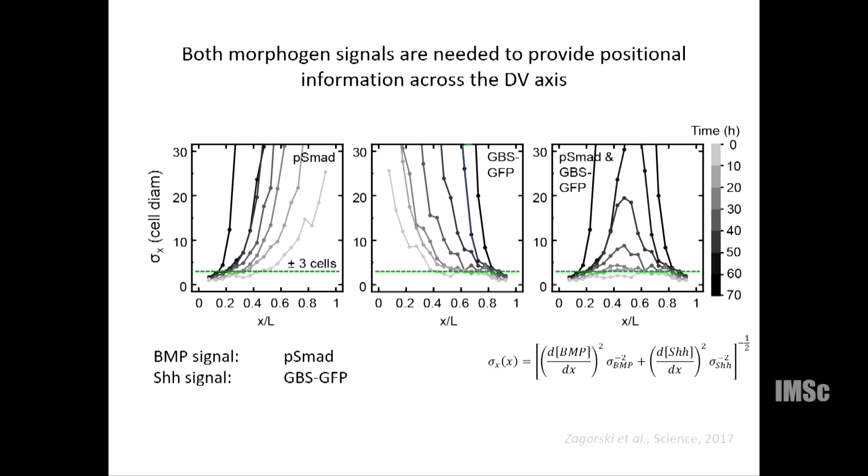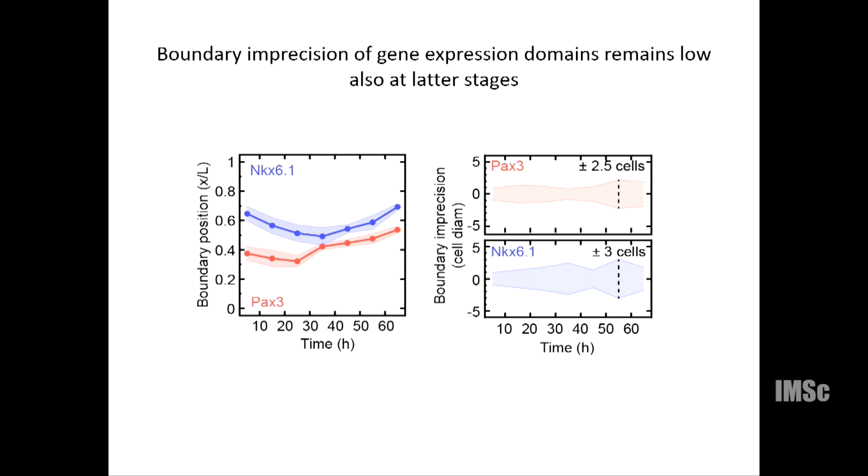So the morphogens are capable of specifying the cell fate with this ±3 cell diameters, and this is done uniformly across the tissue. And now if you look into target genes, okay, this is the position of their boundary. There is some, maybe there are different reasons why it shifts a bit, but if we quantify the variance of this in precision, we see it's also on the order of this ±3 cell diameters.